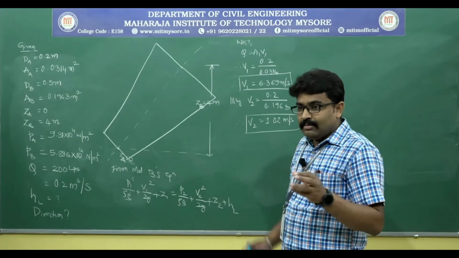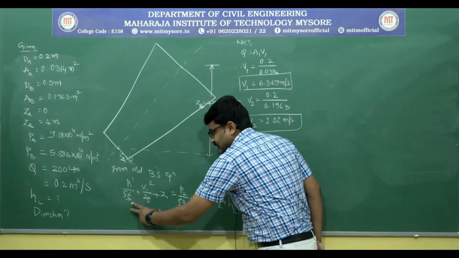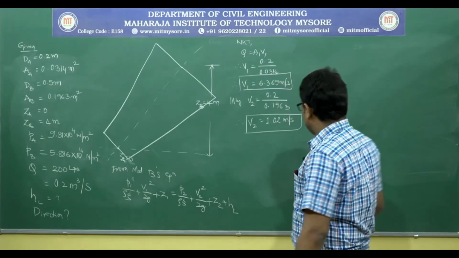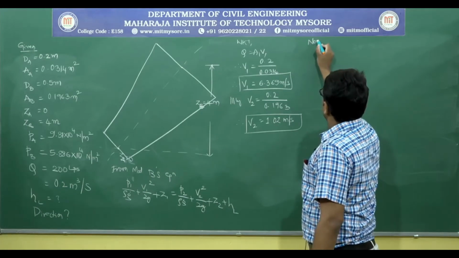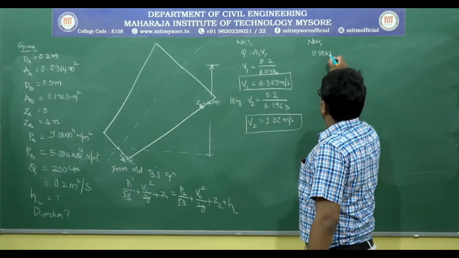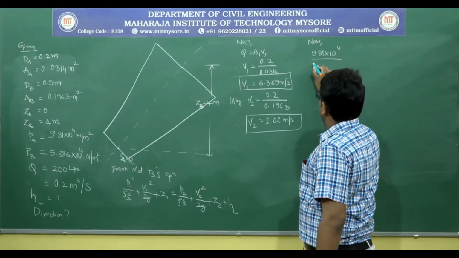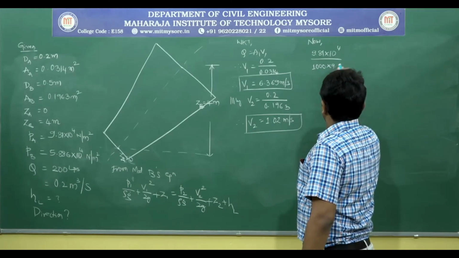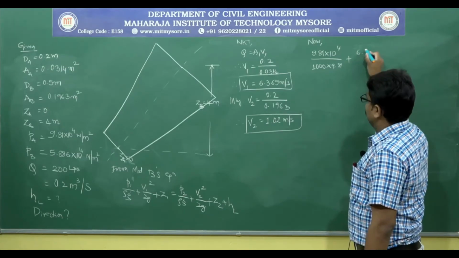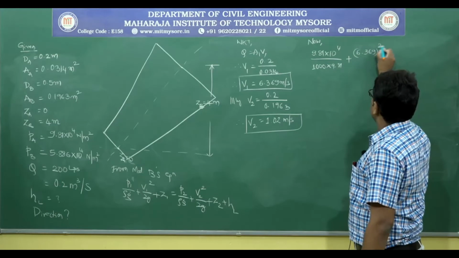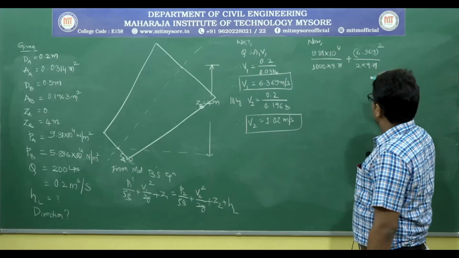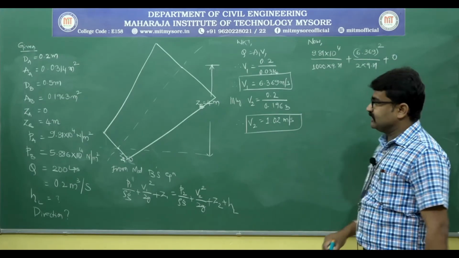But keep one thing in mind: prior to getting HL, get the total energy at section 1 and section 2 separately, which will definitely help you. P1 is 9.81 into 10 power 4 divided by 1000 into 9.81, plus V1 square by 2g, V1 is 6.369, so 6.369 square divided by 2 into 9.81, plus Z1 is 0.